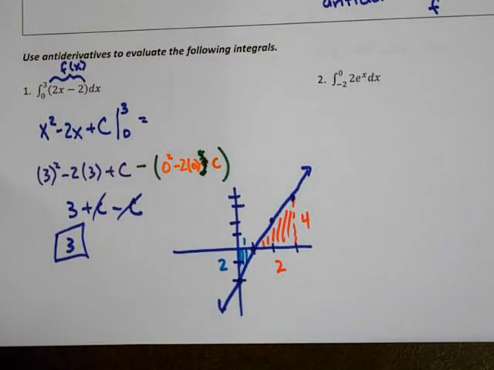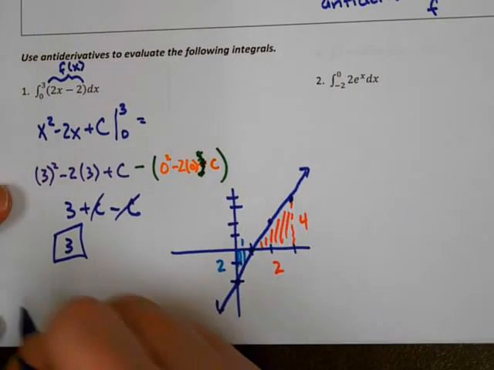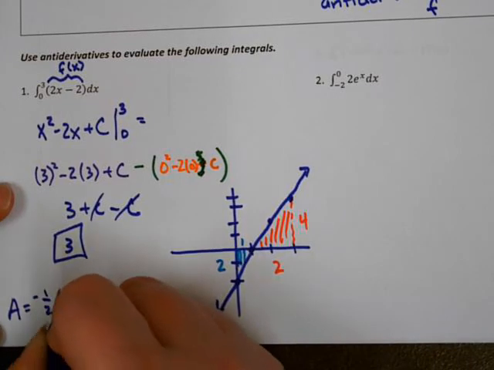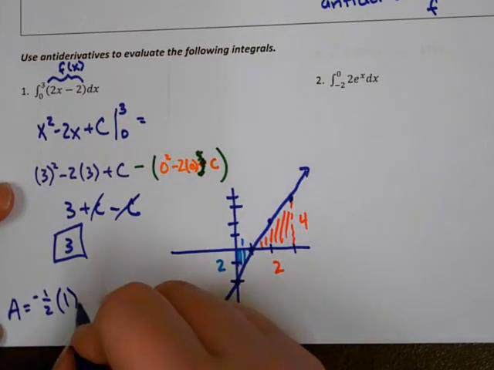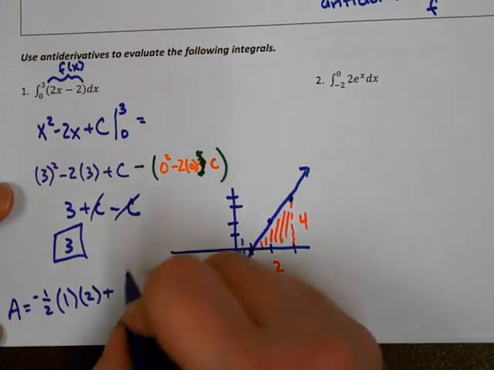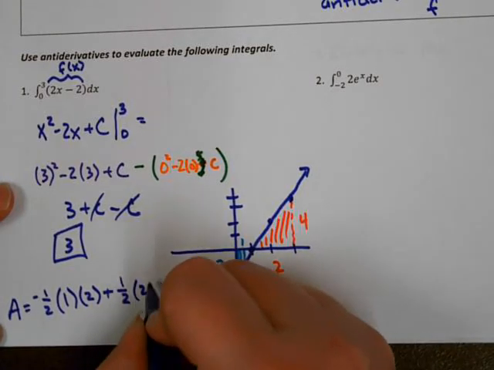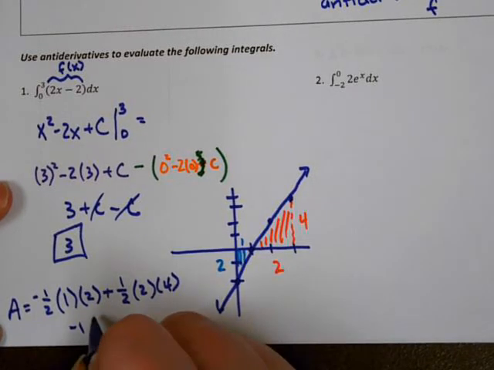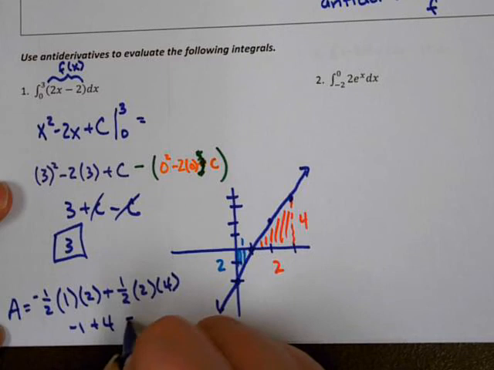So we can go ahead and actually find those areas. So this piece here is going to be a negative 1/2 times 1 times 2. And then plus the red part, which is 1/2 times 2 times 4. And so we get negative 1 plus 4, which is equal to 3.